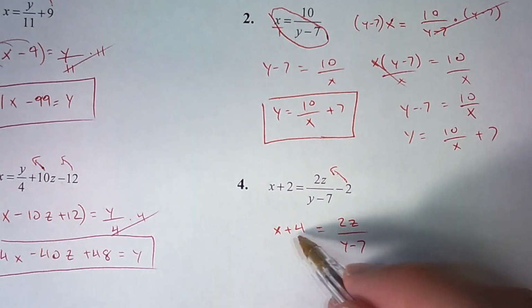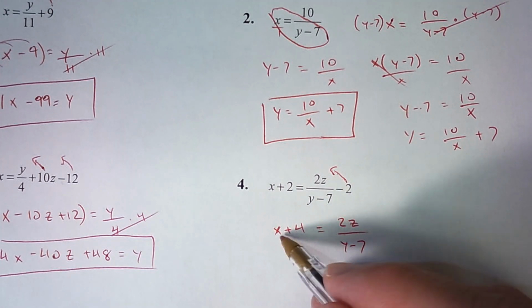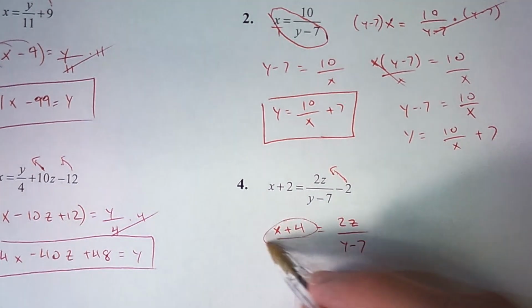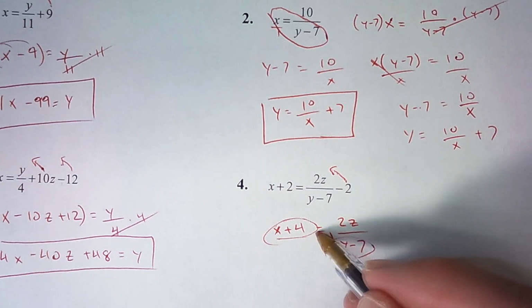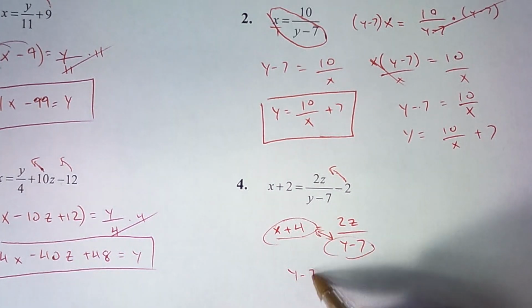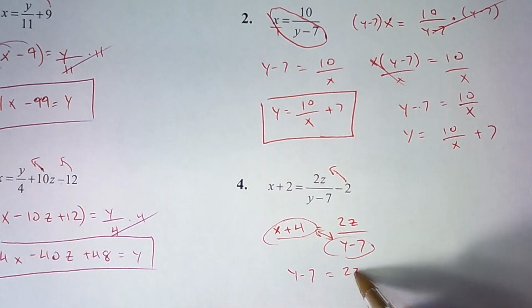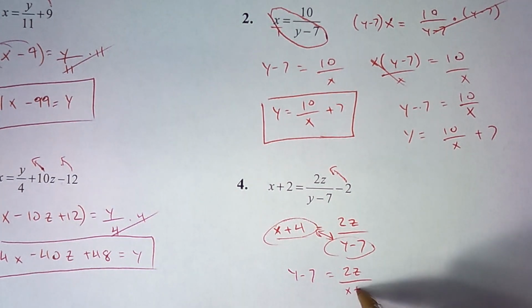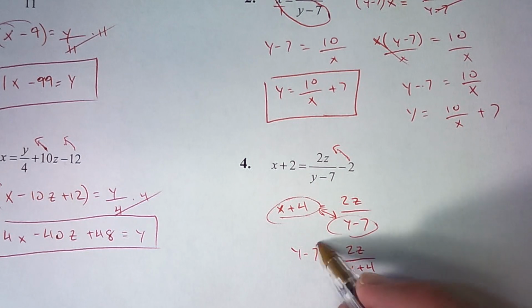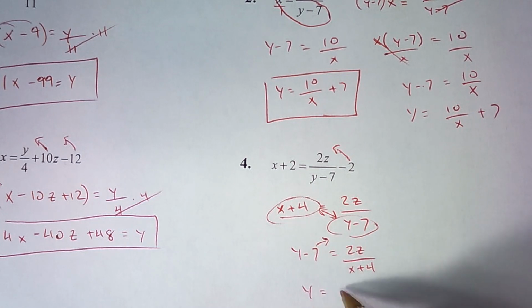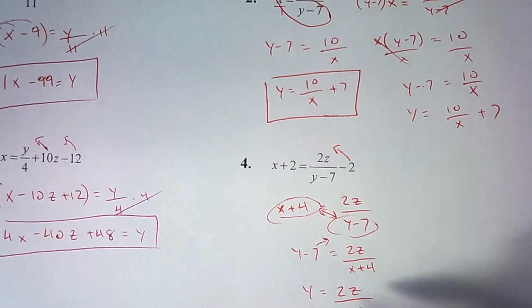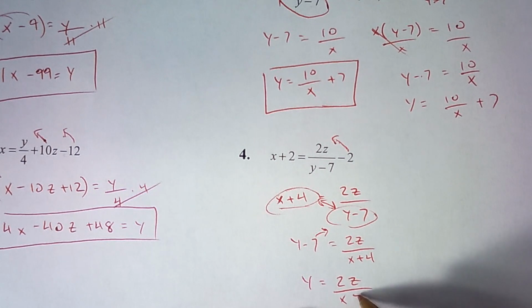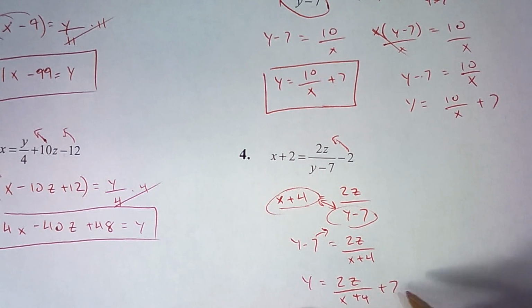Now I can swap diagonally, so I can switch this and this diagonally. So I get y minus 7 equals 2z over x plus 4. And then I can add that 7. Y equals 2z over x plus 4 plus 7.